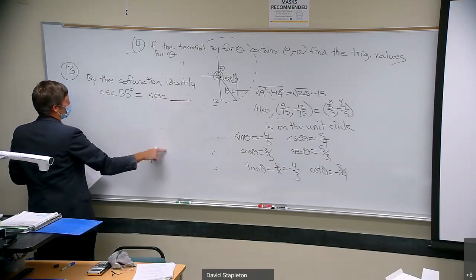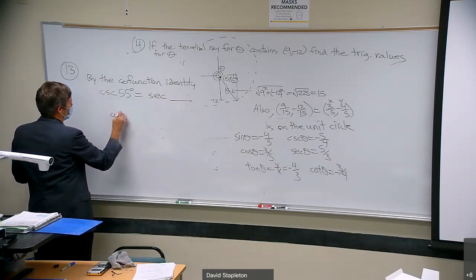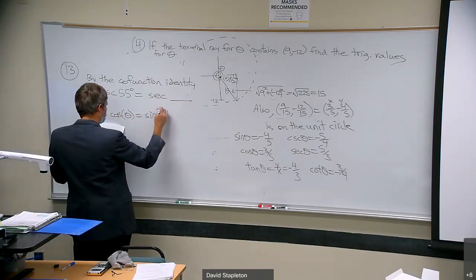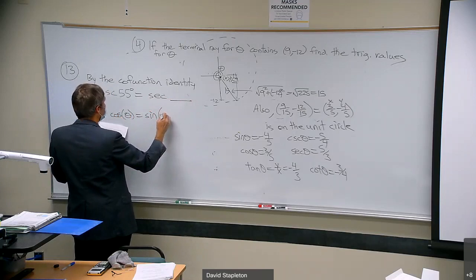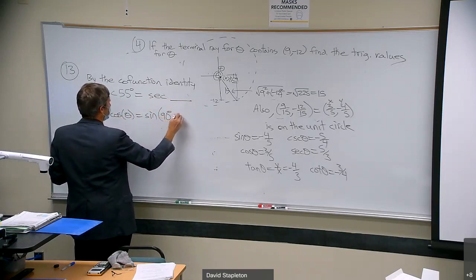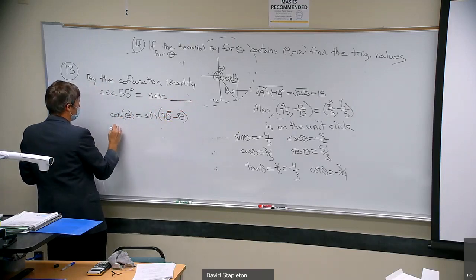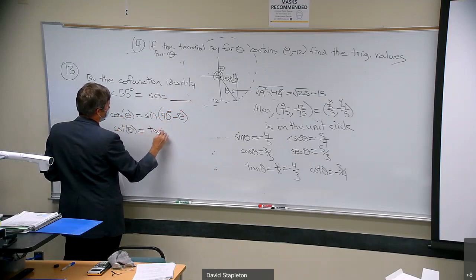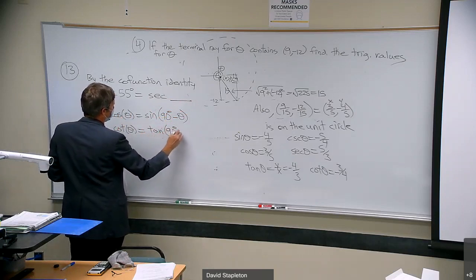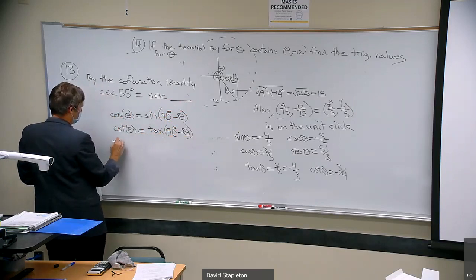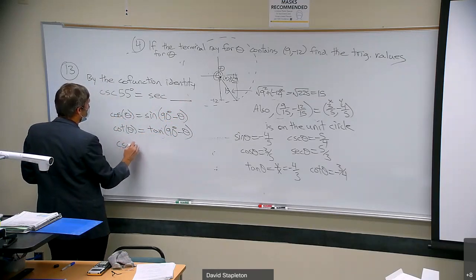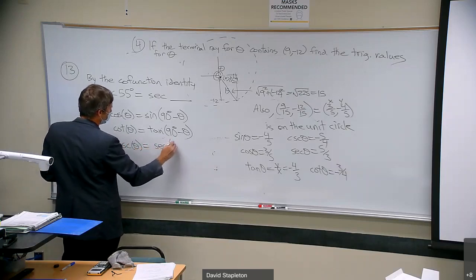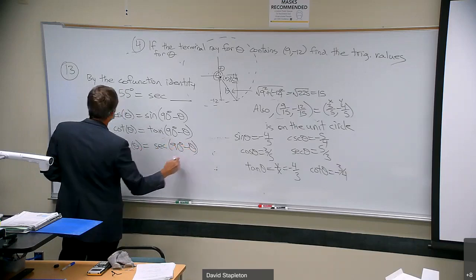The thing to remember is the cofunction identities say that the cosine of any angle is the sine of 90 degrees minus that angle. The cotangent of any angle is the tangent of 90 minus theta, and the cosecant of any angle is the secant of 90 minus the angle. This just comes out of the little triangle.